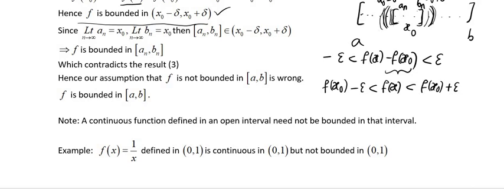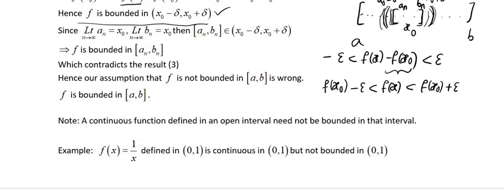Now, we are going to check whether a function which is defined on an open interval is bounded or not. It need not be bounded. Depending on the function and interval, in some cases it is bounded, in some cases it is not bounded.